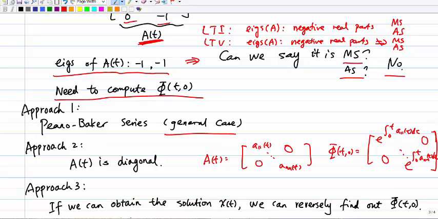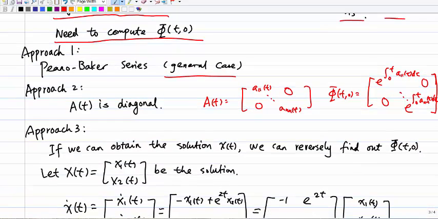Here I want to talk about the last approach that you may be able to try in some cases. It is called the solution-based approach. What this means is, I don't know how to compute the transition matrix directly, but we know what it means: x(t) equals Phi(t, t0) x0, or you can change it to Phi(t, tau) x(tau). The transition matrix must satisfy this property.